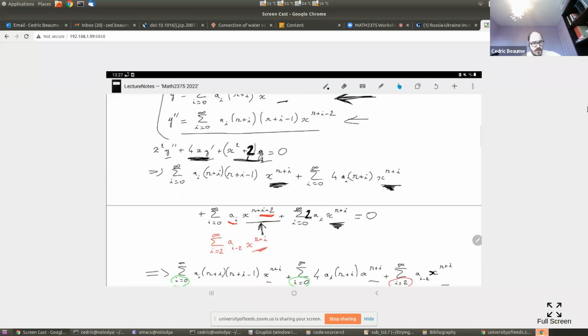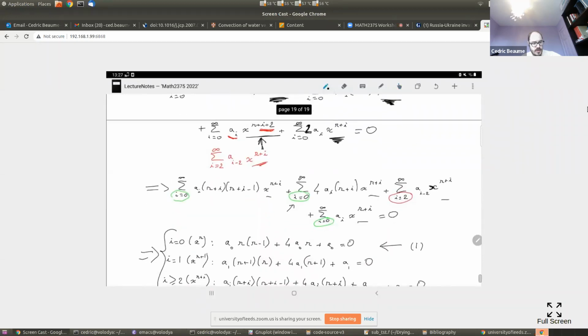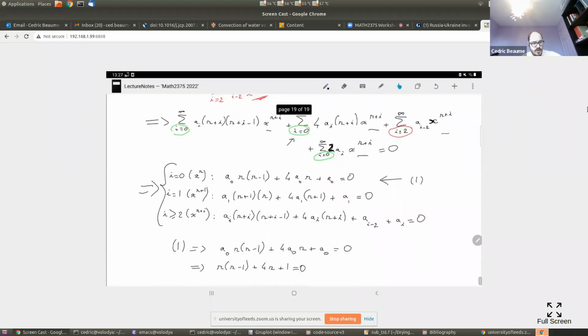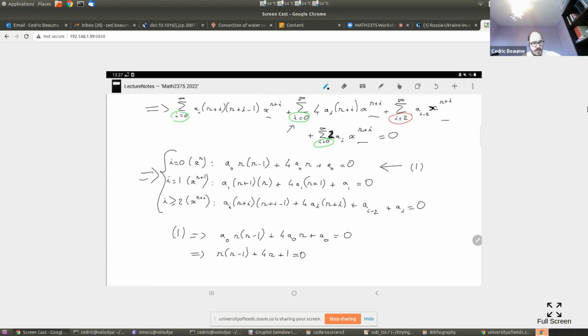Okay, and there is also another 2 that is coming here. Hope you can see what I'm doing. And the last term of each of these equations, which is just a0, a1, ai, also has a 2 in front of it, like here, there, and there.